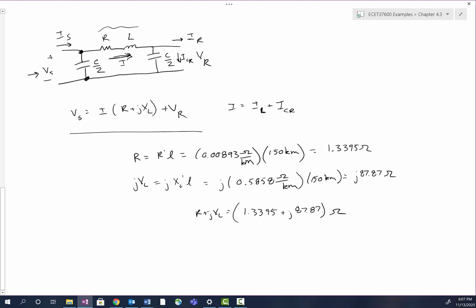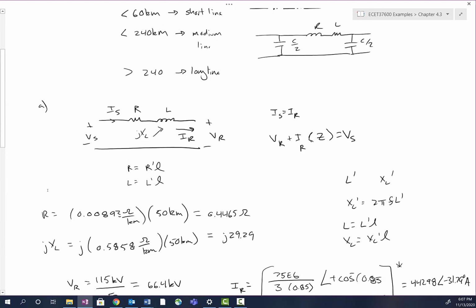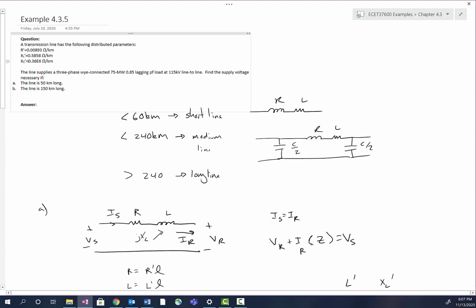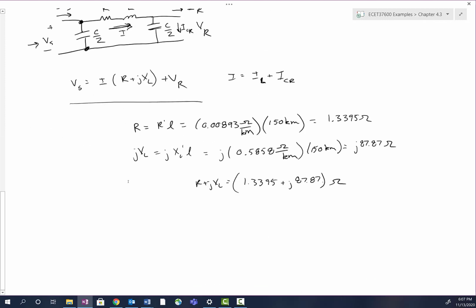Next, what I need to do is calculate what the value of these capacitors are. I want you to really pay attention here because this gets a lot of people. The value for that capacitor was given as 0.36 e to the 6 ohms per kilometer. A lot of people have a tendency to just divide that in half between those two, and it doesn't work like that.